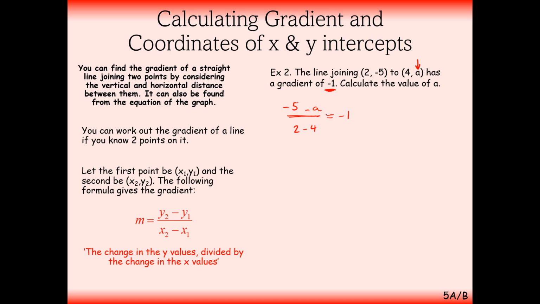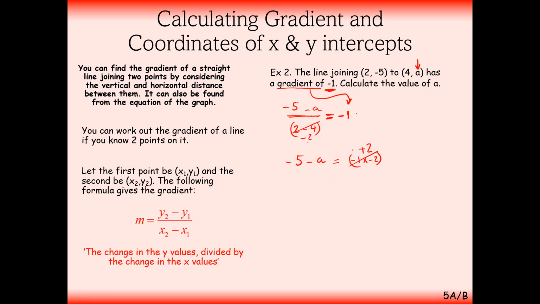So this is an equation that you can solve. Minus 1 is because that's the gradient that we've been told. So this denominator is a negative 2. I'm going to multiply it by minus 1. So I'll have minus 5 take away a equals minus 1 times minus 2, which is a positive 2.